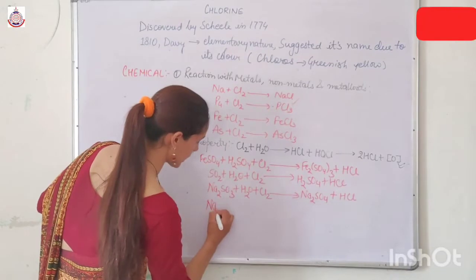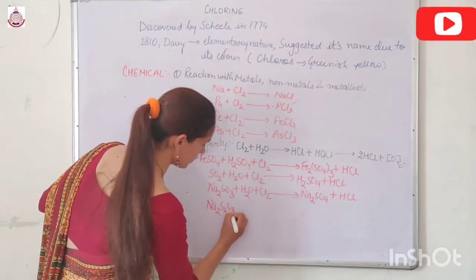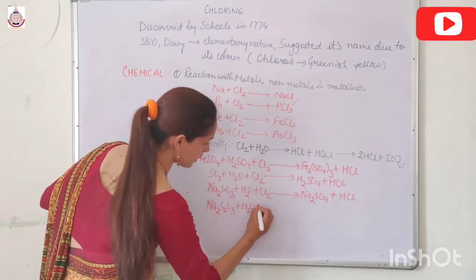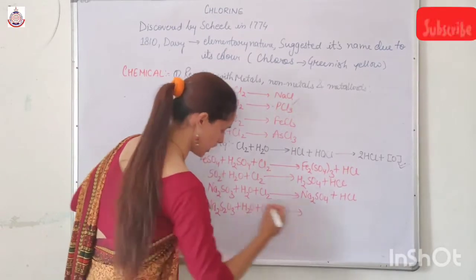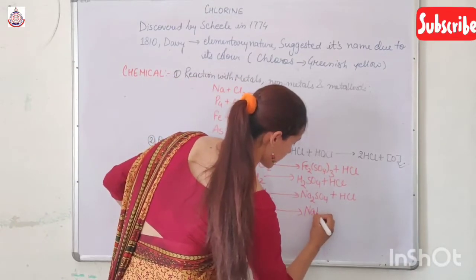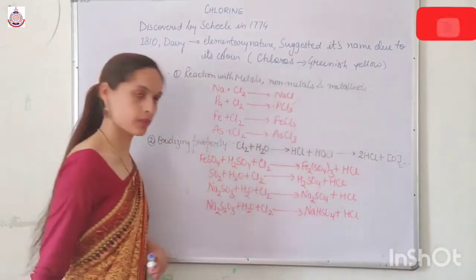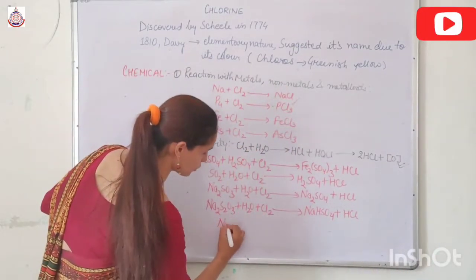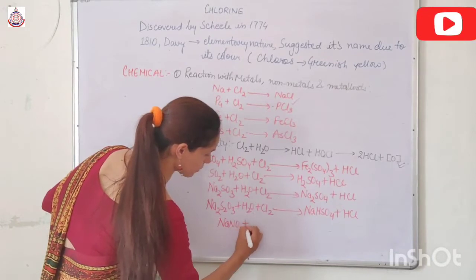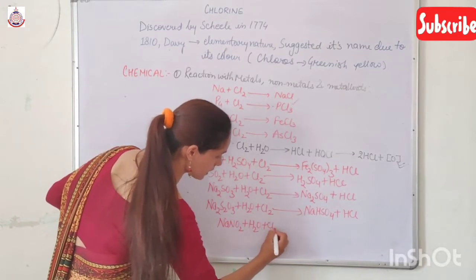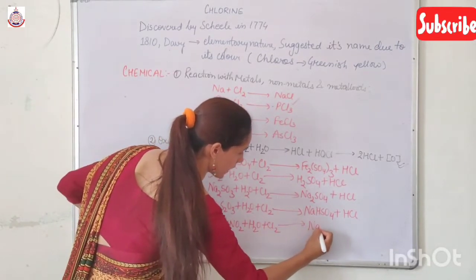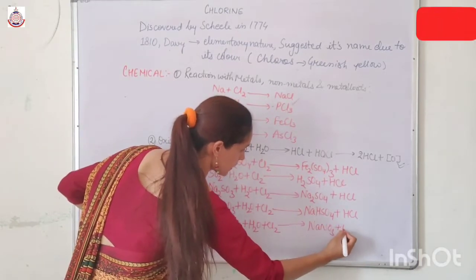Similarly, Na2S2O3, when it reacts with aqueous solution of chlorine, forms NaHSO4 plus HCl. When NaNO2 reacts with aqueous solution of chlorine, it is oxidized to form NaNO3 plus HCl.